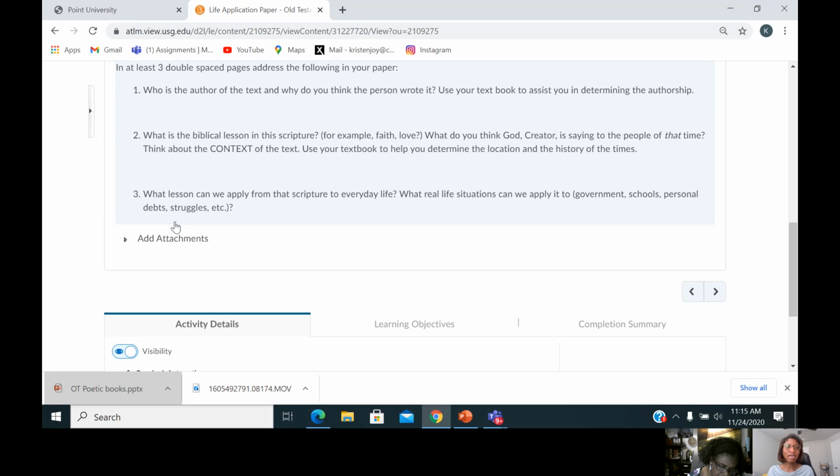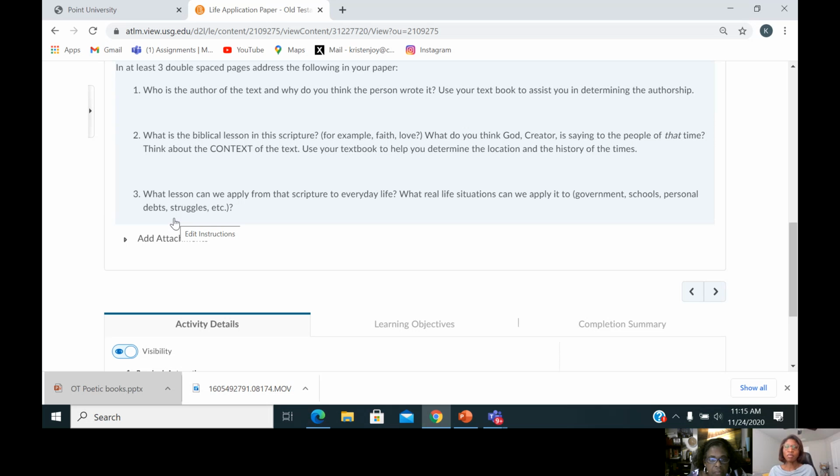All right. And then in step 3, what lesson can you apply from that scripture to everyday life? So in this particular class, we want to take the words and the verses and the literature that we see from the Old Testament just as much as any other book, right? And say, what can we learn from this story now?